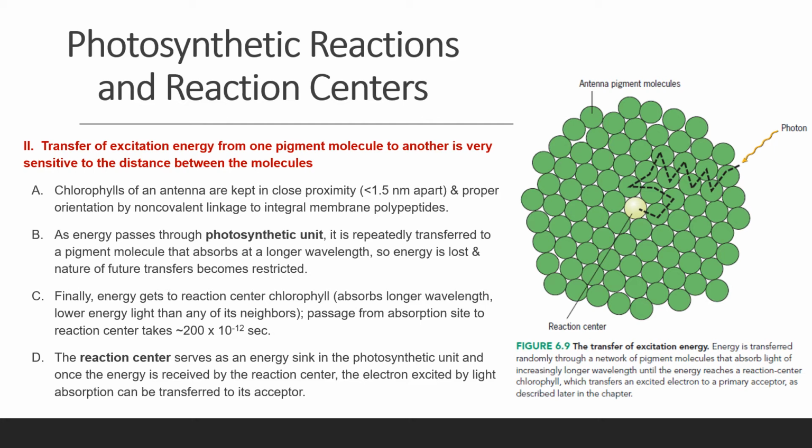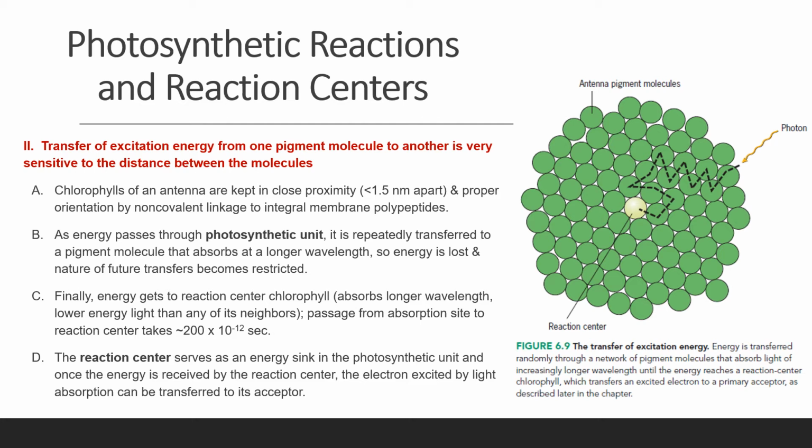Okay? So as energy passes through the photosynthetic unit, it is repeatedly transferred to a pigment molecule that absorbs a longer wavelength. So energy is lost and the nature of future transfers becomes restricted.